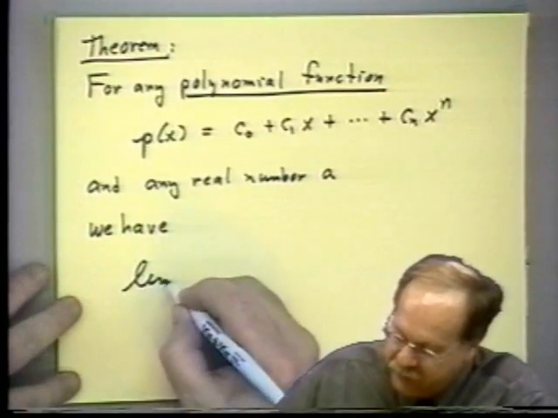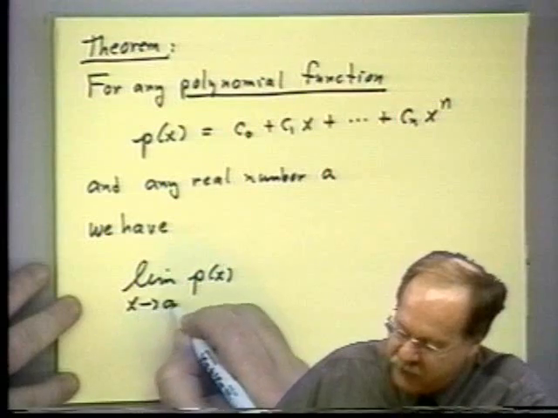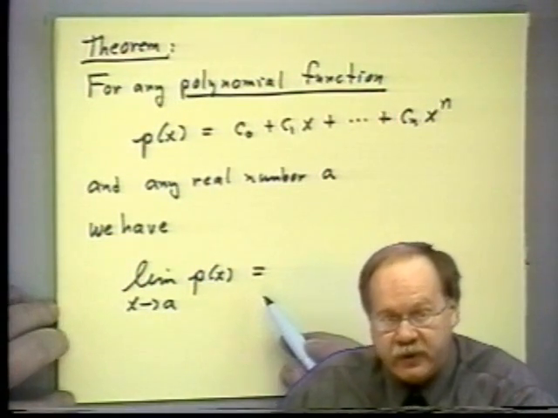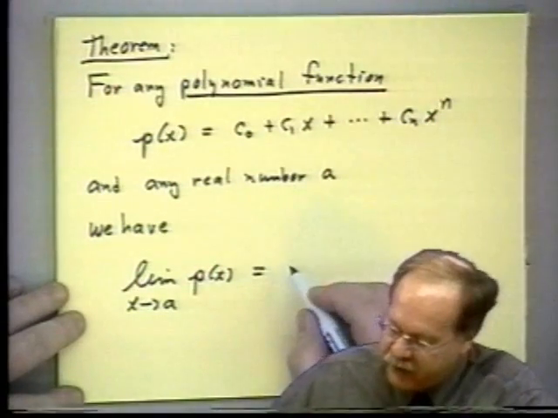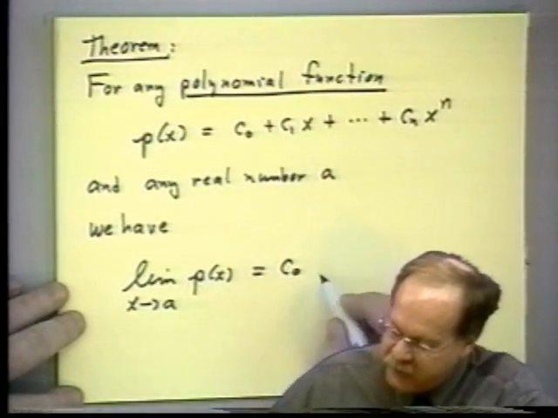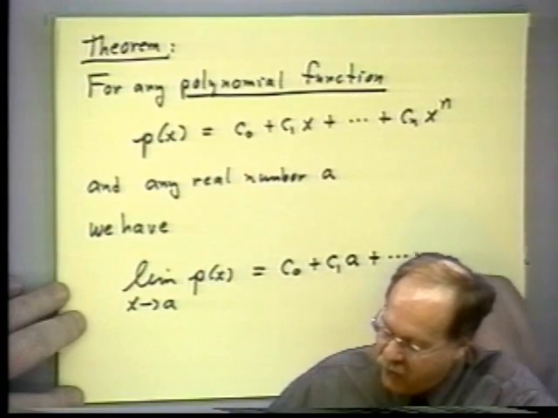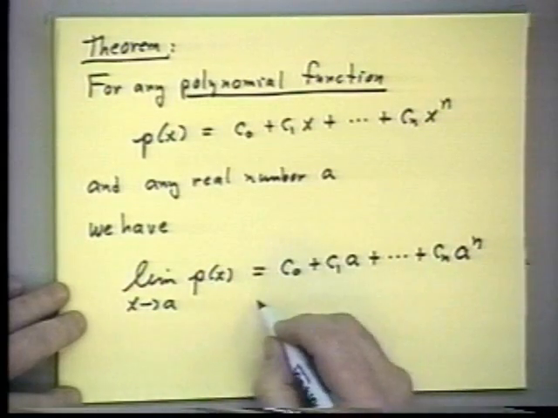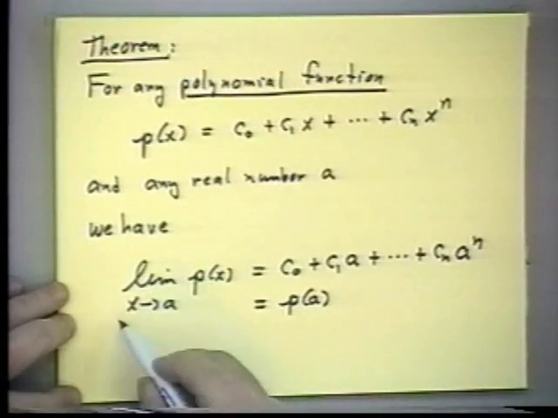If you take the limit of the polynomial as x approaches a, if you wanted to prove this, you could use all the rules that we've seen. Using the rules, it turns out to be this. Now see how this works out. c0 plus c1a plus all the way up to cn times a to the n. In other words, that's the polynomial evaluated at a.